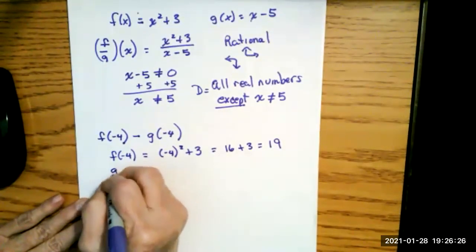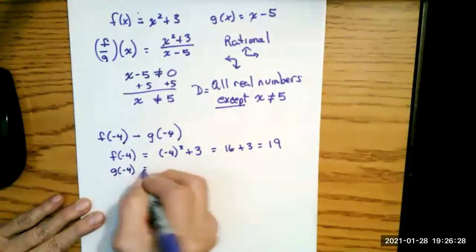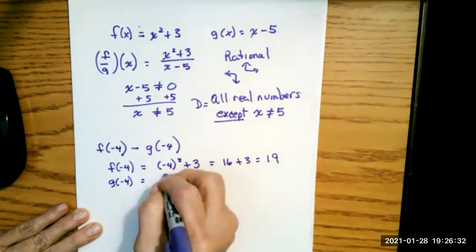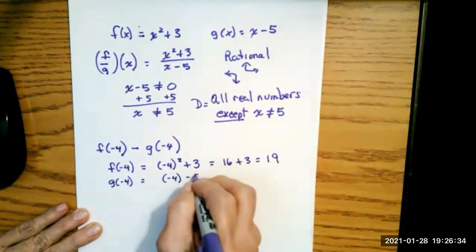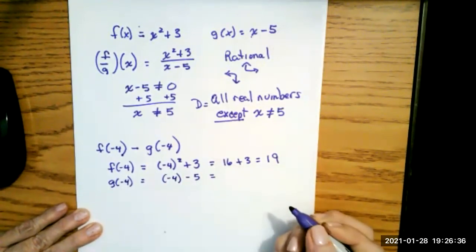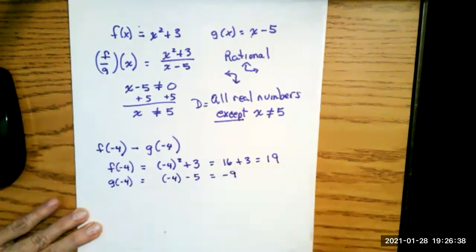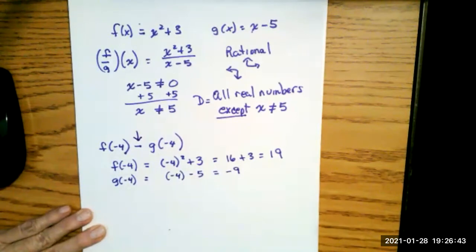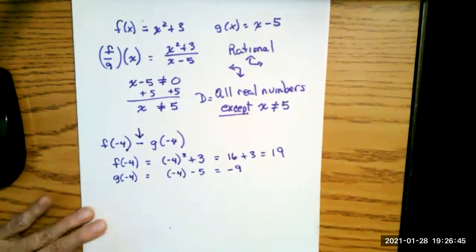Now then, let's find g of -4. This is my g function over here. So I would have -4 minus 5, which is -9. Now I follow my rule. In this particular one, I want to subtract the values.